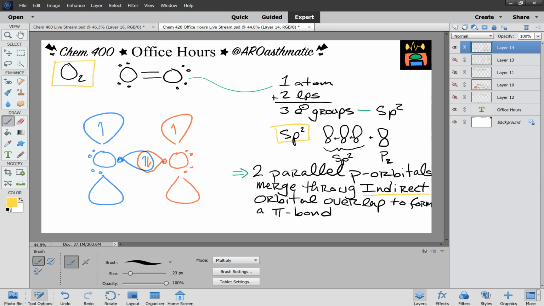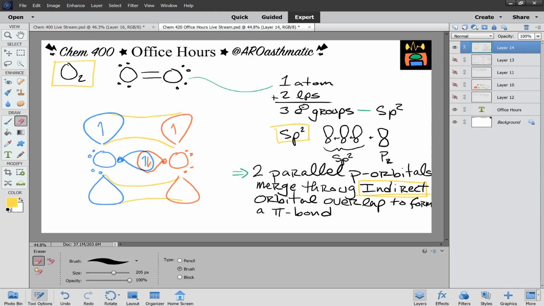Yes, and this is where the tunneling thing comes in. So I said indirect orbital overlap. What happens when you have two parallel p orbitals is they start blurring together, both above and below the sigma bond. And the barriers between these orbitals dissolve, allowing the two electrons to meet in the middle.